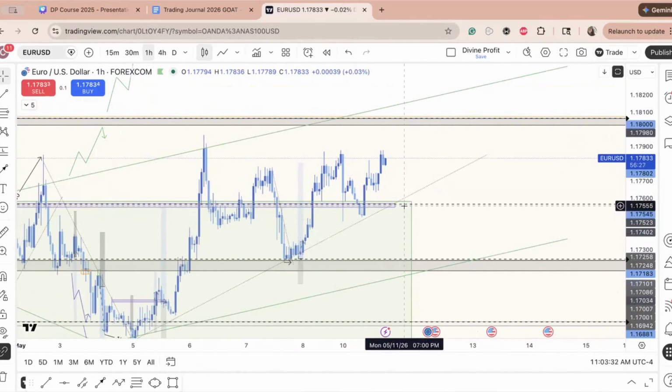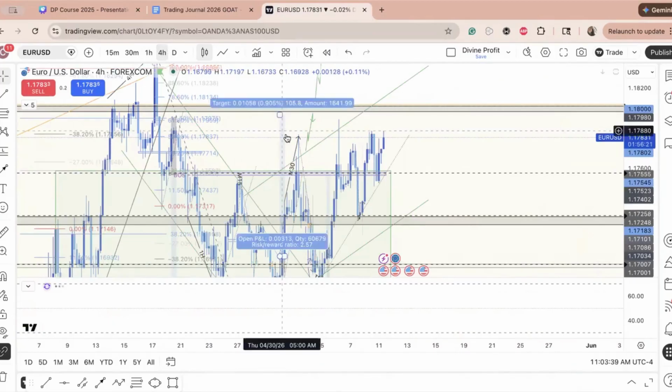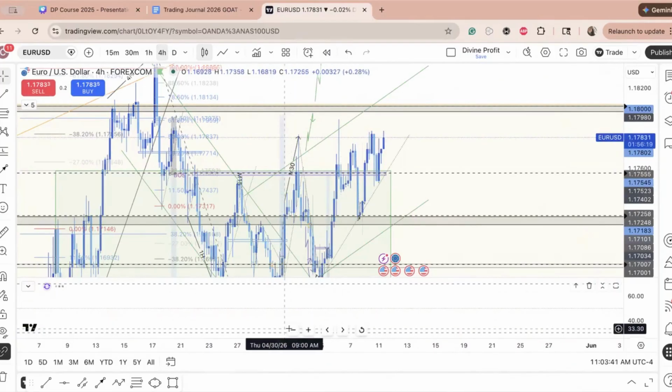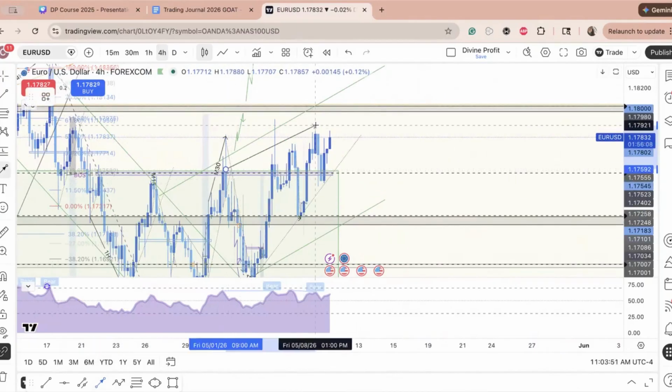When it comes to divergence, divergence is actually already forming. I did see 4 hour divergence, I believe. Yes, okay, so there is 4 hour divergence forming. But remember, just seeing divergence doesn't mean that we're automatically going to sell.